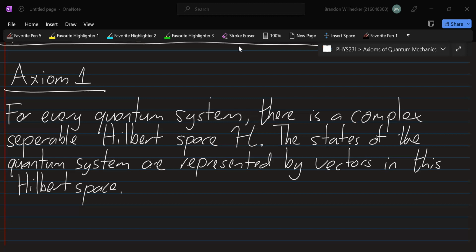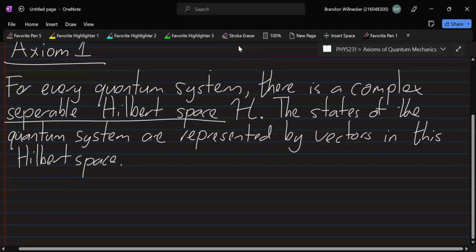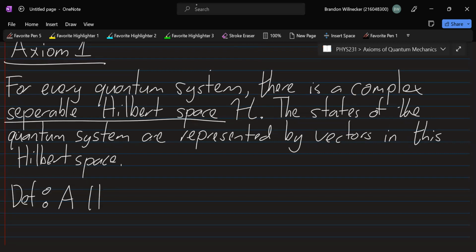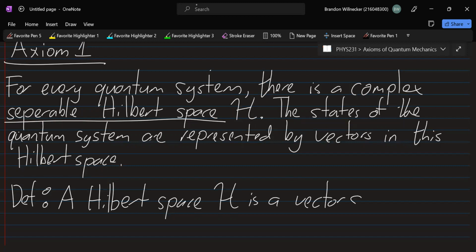We need to go over what a Hilbert space is and what a separable Hilbert space is. Let's start with what a Hilbert space is. Definition: a Hilbert space, usually given by H, is a vector space with an inner product.